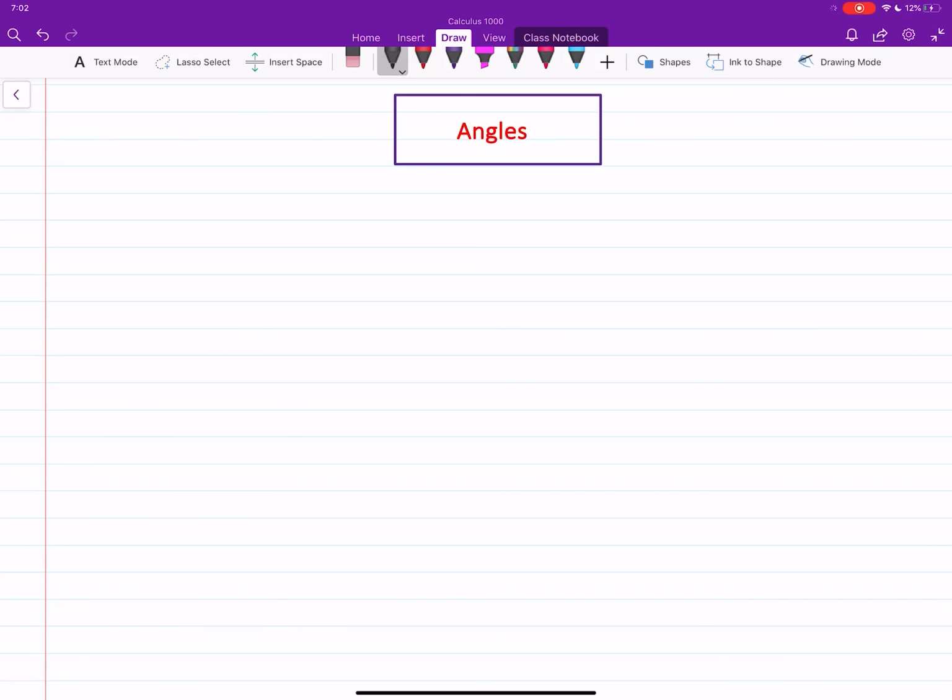Well, let's just start with a very basic thing. An angle on a plane is formed by two rays sharing a common endpoint.